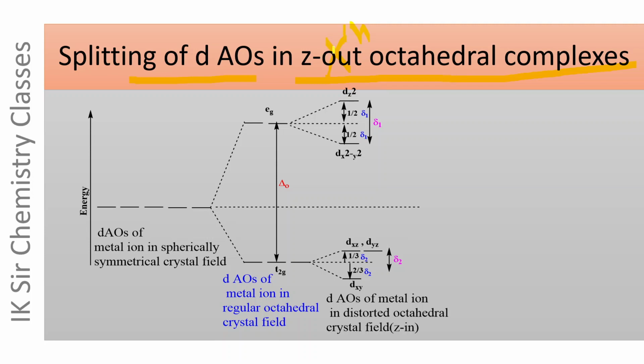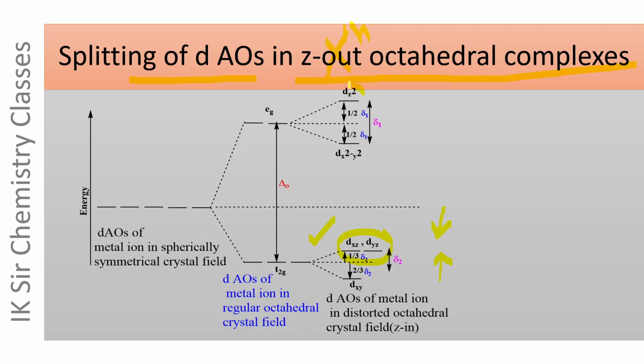In this type of distortion in octahedral complexes, two ligands on the Z axis move closer to the central metal ion. As a result, the electrons present in d atomic orbitals having Z component experience greater repulsion, and therefore the energy of dxz and dyz atomic orbitals increases.